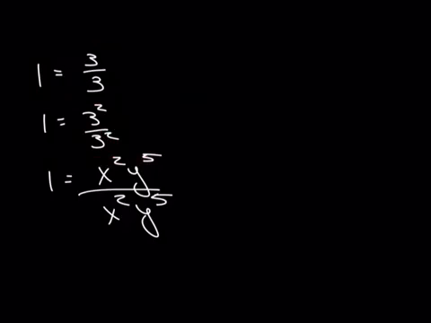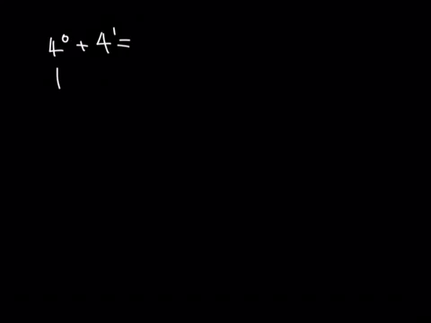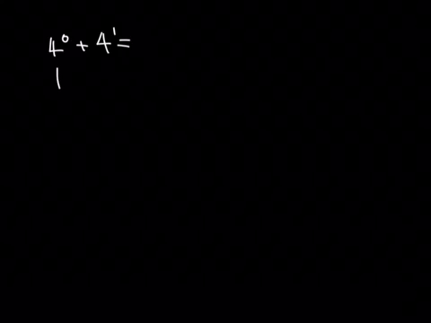All right, which brings us to some examples. In fact, let's look at example 4, part C. 4 to the 0 power, plus 4 to the first power. What did I say 4 to the 0 power is? Any number to the 0 power is 1.